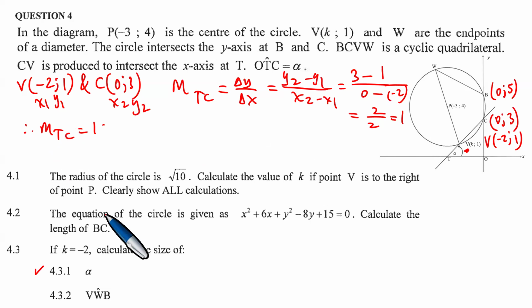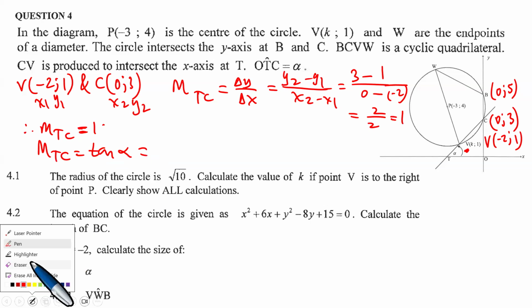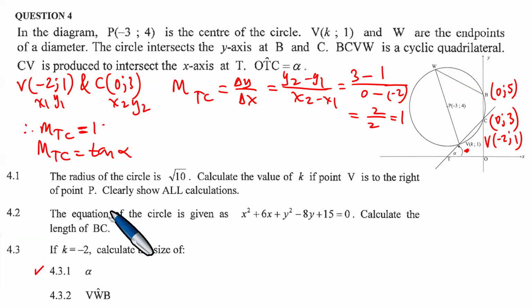Once we get this gradient, we shall be able to note that the gradient of TC is the tangent of alpha. That is the formula: always the gradient is equal to the tangent.